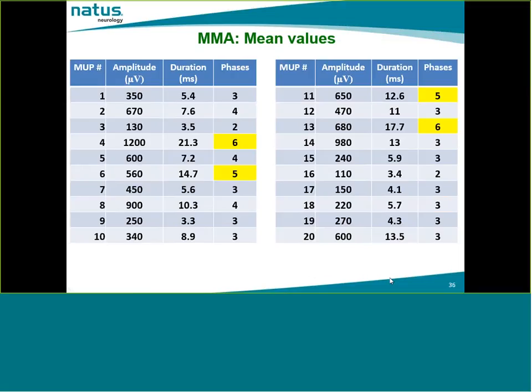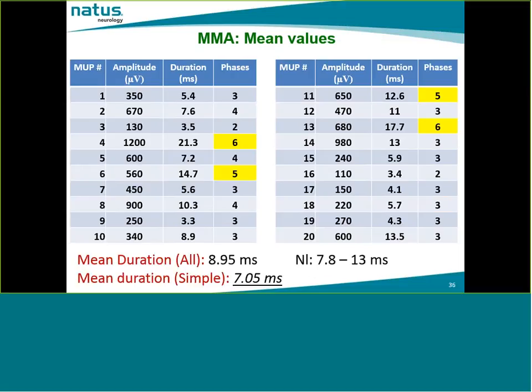Let's look at duration, and this is a little bit tricky. We measure duration in 2 ways, using all motor unit potentials and using only the simple potentials. So in this example, mean duration of all potentials is 8.95 milliseconds. If you look at the simple ones, so excluding these polyphasic, the mean duration is 7.05.